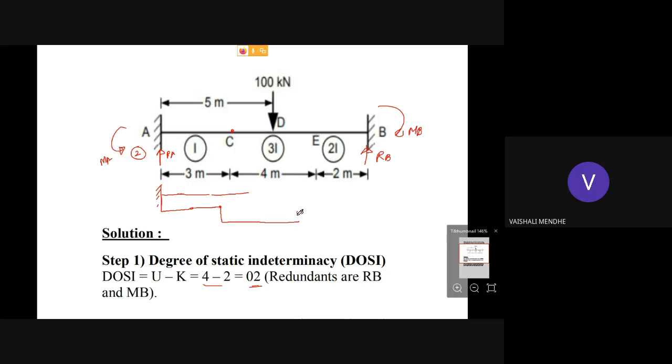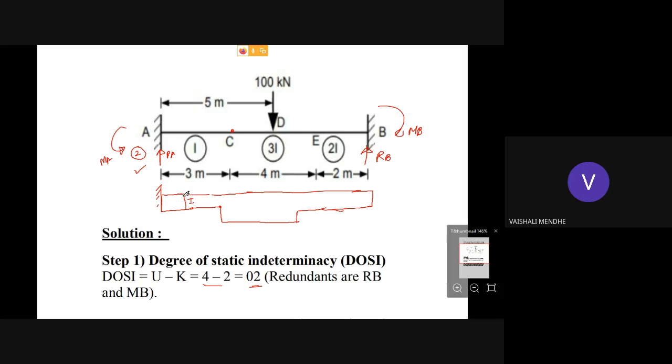And from E to B, the moment of inertia is 2I. So you can show it like this. Either the figure can be shown in this way or the figure can be shown here.